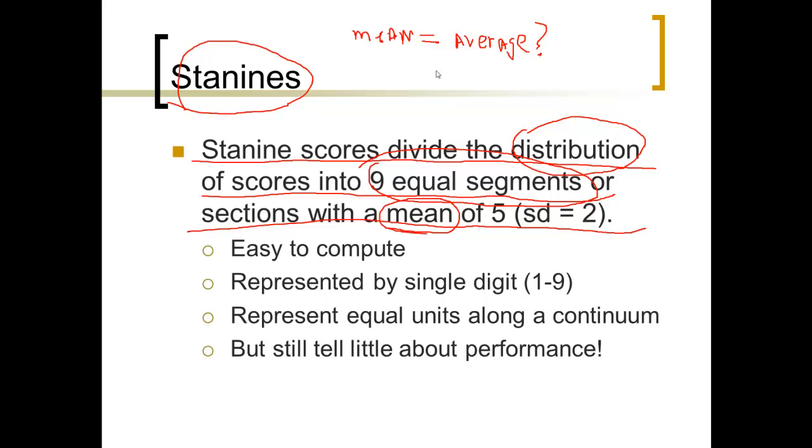Well, don't we add up everything and divide by the total? Sure, that's what an average is. So if I want to find out what my average score is on those tests, what I do is I take all 50 scores, add them together, and do what? Divide by 50. And I will find my mean. Now, what's nice about Stanines, they're easy to compute.